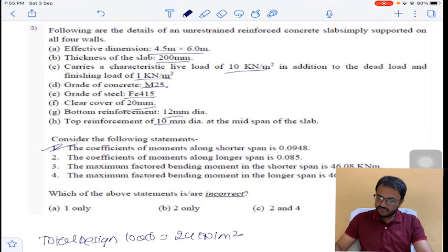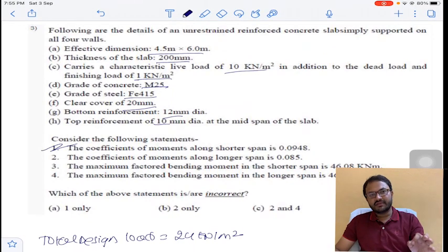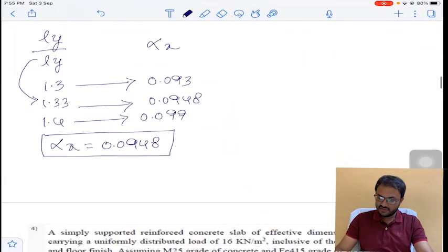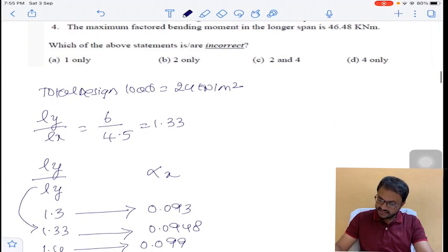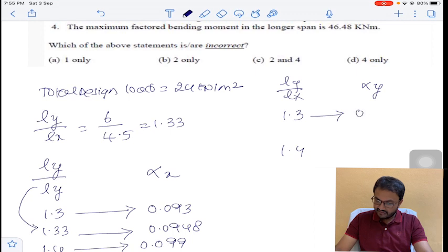Okay. And now second statement is the moment coefficient along longer direction, that is along y direction, we need to calculate based on Ly by Lx ratio itself. So here you can see Ly by Lx and alpha y. Ly by Lx 1.3 and 1.4. Corresponding to 1.3, alpha y is 0.055.